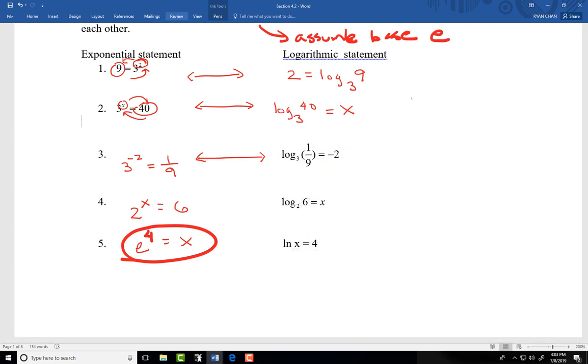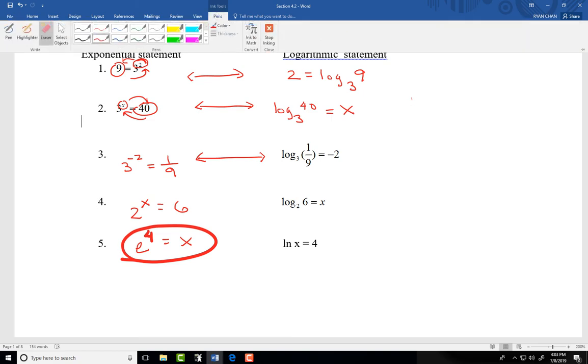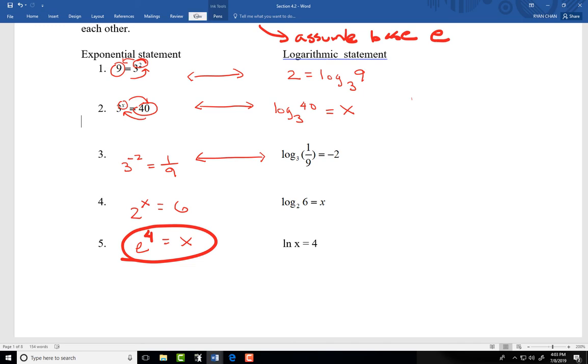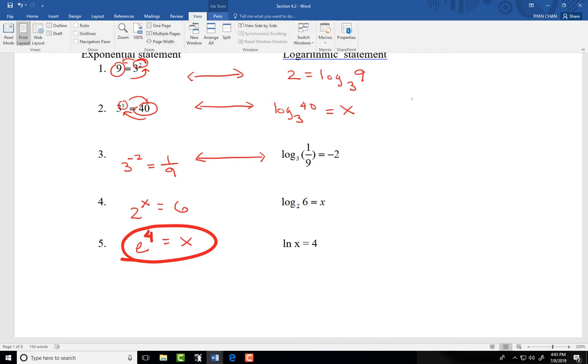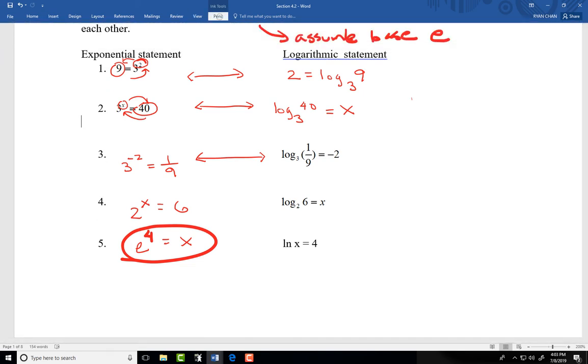If you do not like the swapped version, like switching your things around when you're in logarithmic form, let me show you another way to do this. So remember, the rule is if you have the same base as your exponent, you can cancel it out. So let's look at this one right here, number 3.